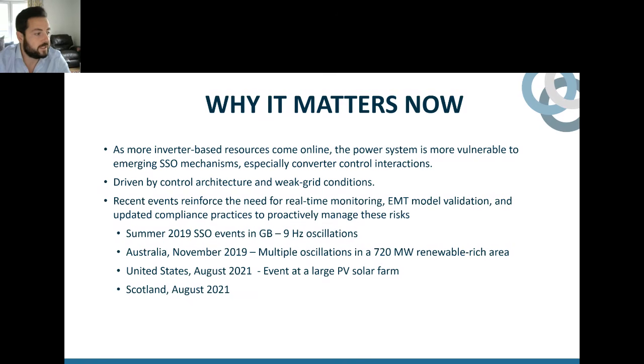And then lastly, in Great Britain in August 2021, in the north of Scotland, subsynchronous oscillations of around 8 to 9 or 10 hertz were sustained for quite a period. There were two separate occasions, around 30 minutes apart. Interestingly, these oscillations in Scotland were mitigated after synchronous plants were resynchronized to provide additional damping.